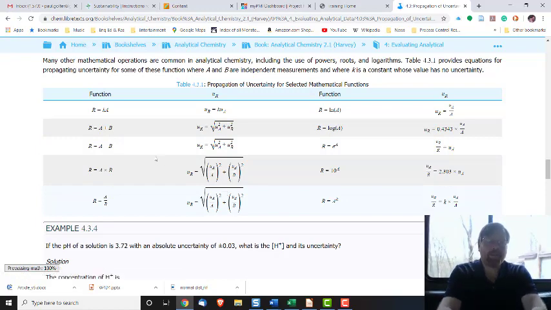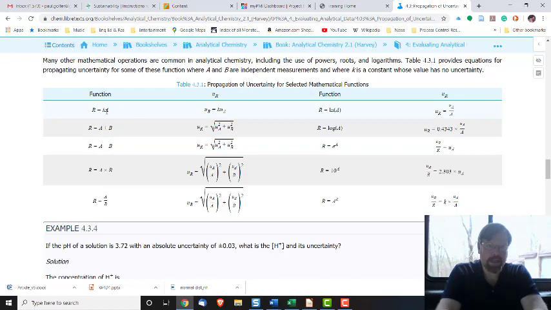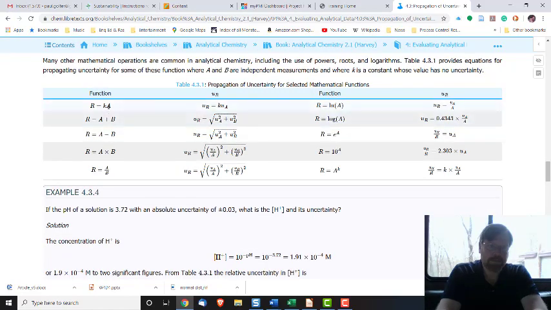So if we've got a multiplication, well, if we've got just a constant times something, then our uncertainty is the constant times the uncertainty in whatever we're working with.